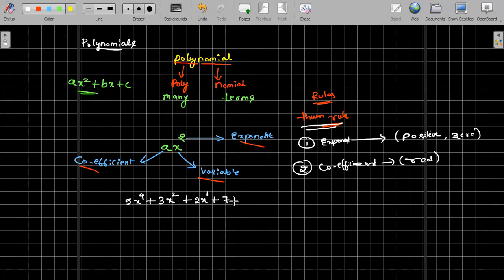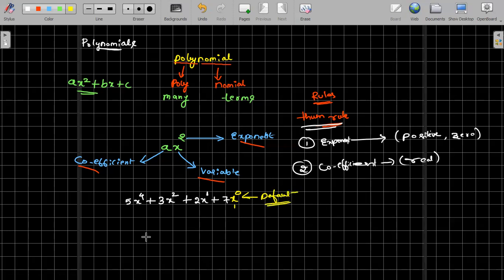Please understand, by default it has a variable with an exponent value of 0, since x power 0 is equal to 1. That's why it is 7. That is the reason we do not write 7x power 0. That is one more important point.